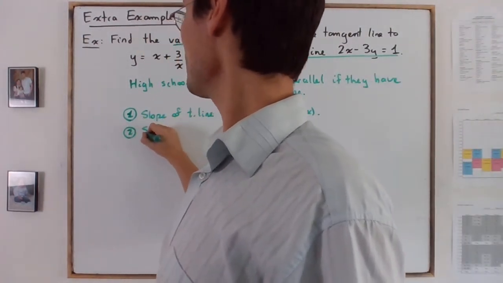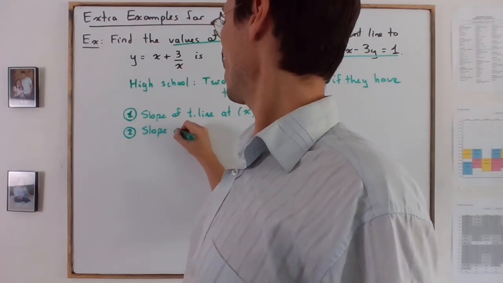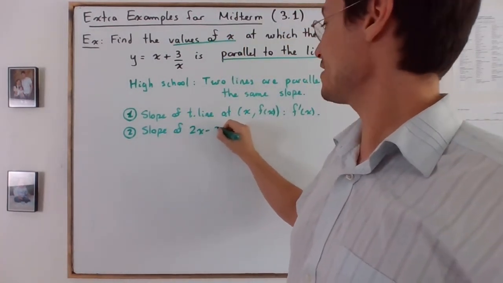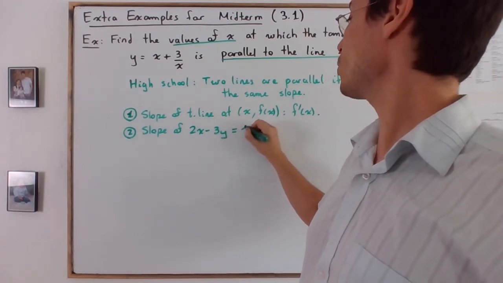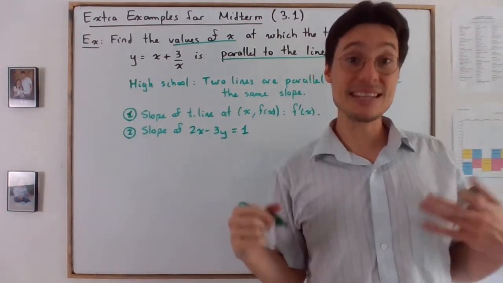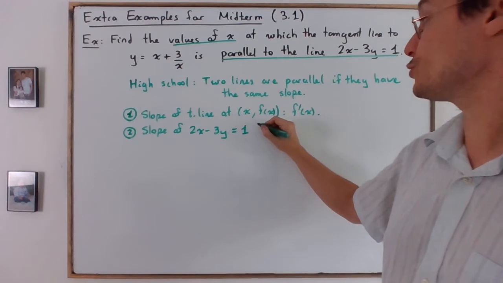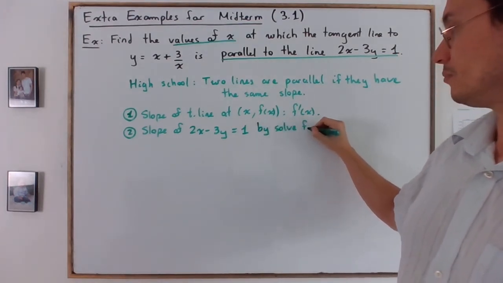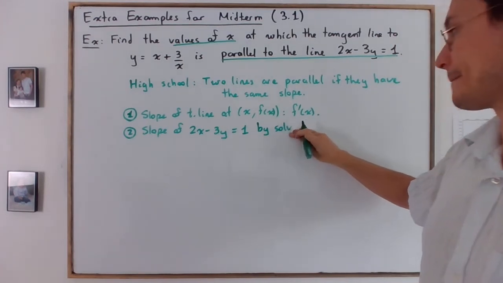Then, two, we need to find the slope of the line 2x minus 3y equals 1. This is easy to do: we're going to solve for y.